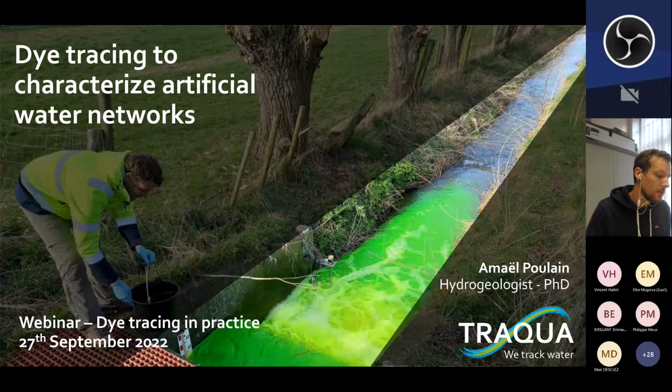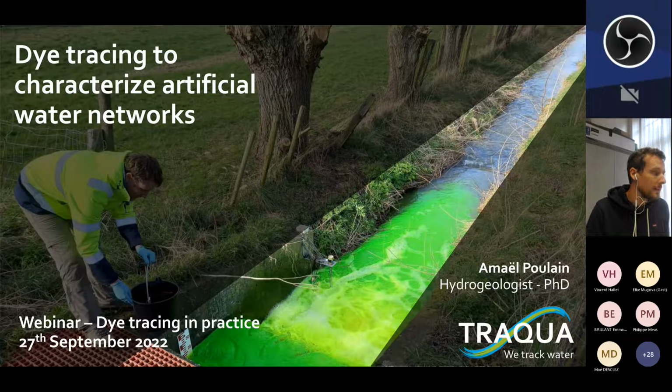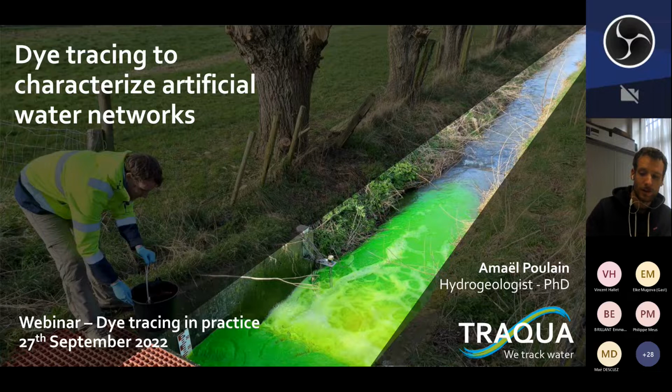So today I will show you how we managed to bring some, I think, interesting information in those contexts based on dye tracing, and I will especially speak about two study cases in Belgium, and I hope it can echo some of your own experience.